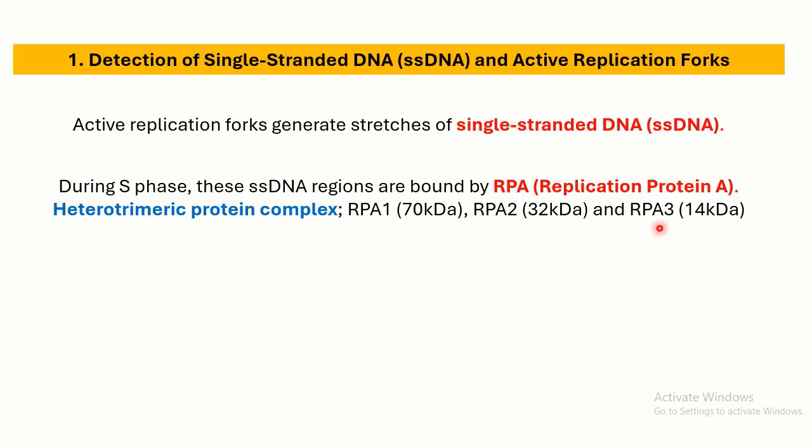The reason for binding of RPA to the single-stranded DNA is to prevent the formation of secondary structure or prevent unwanted recombination events. So whenever there is single-stranded DNA during DNA replication, replication protein A is bound to the single-stranded DNA generated by the active replication forks.